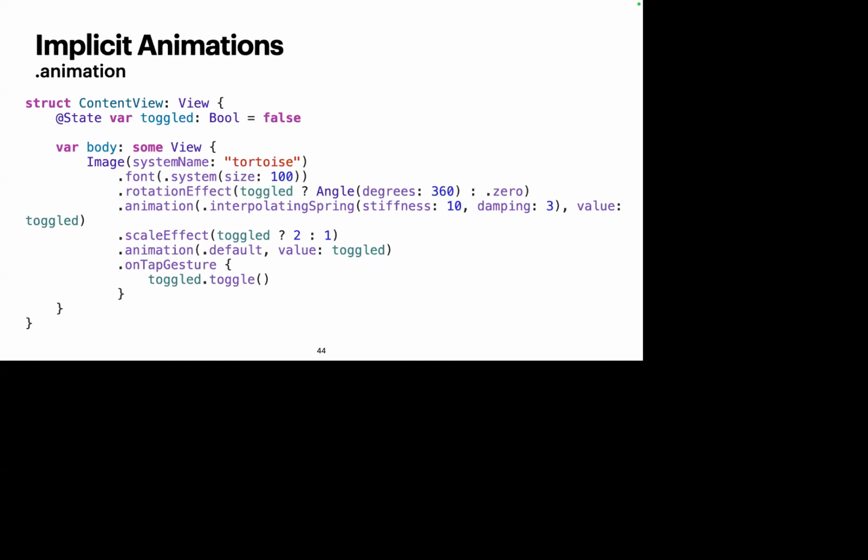We have the animation default here, and we start a transaction when toggle changed. The scale effect is still the same, but now we have another implicit animation here, and instead of the SwiftUI default timing curve, we're going to use the interpolating spring timing curve. So it's going to use a timing curve that emulates a spring.